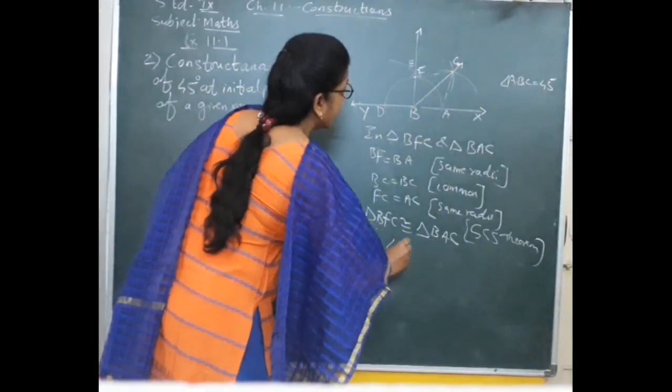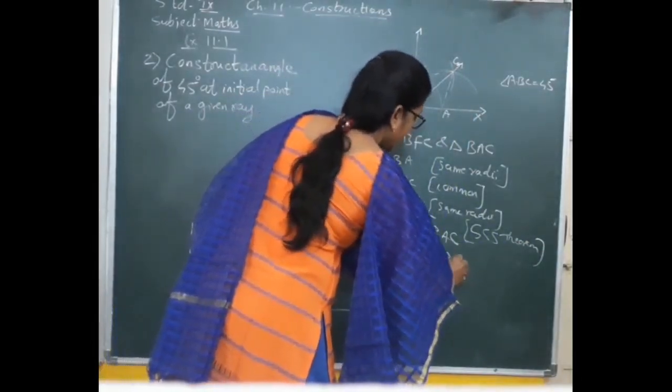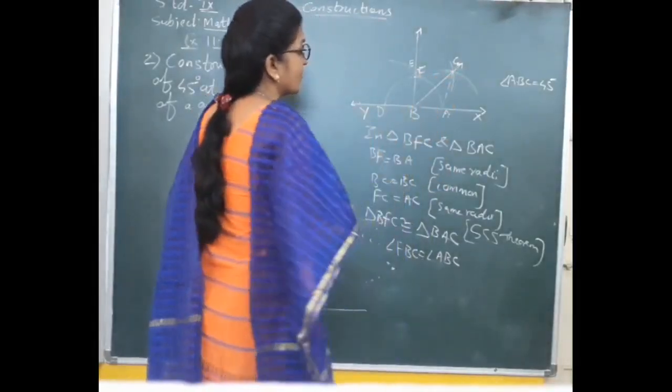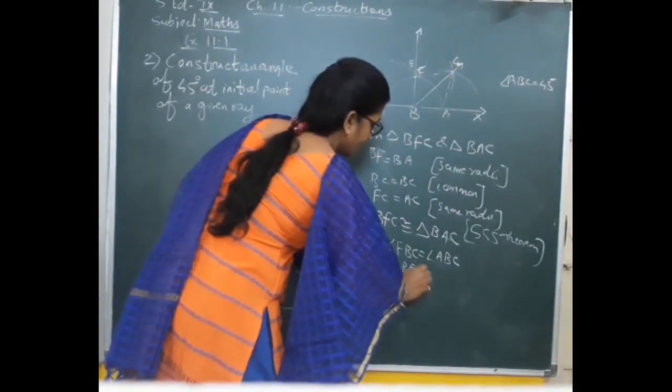Therefore, angle FBC is equal to angle ABC. These two angles are congruent. But we know that angle ABF is equal to 90.